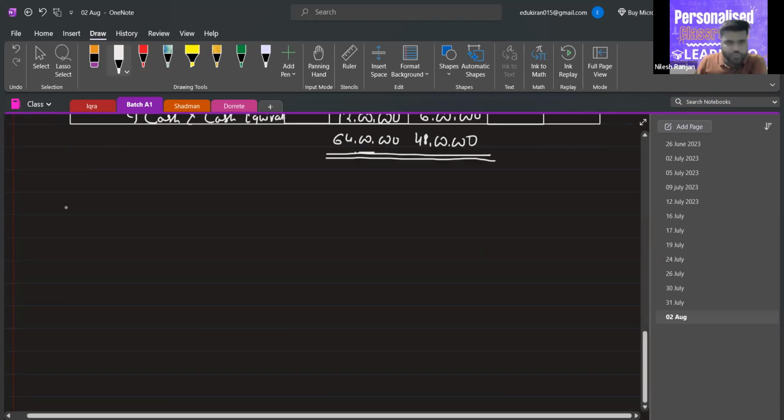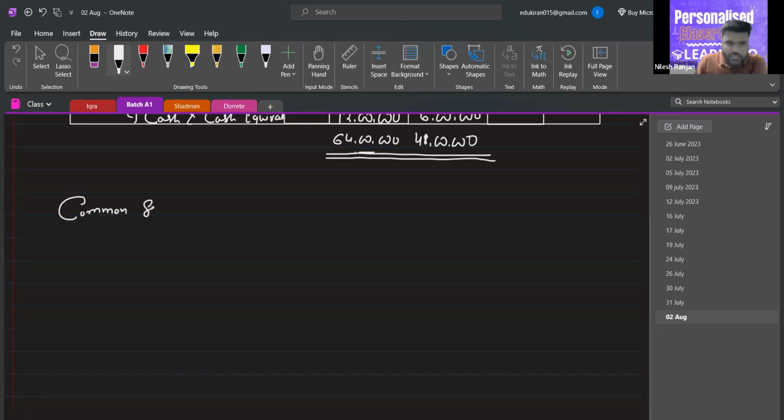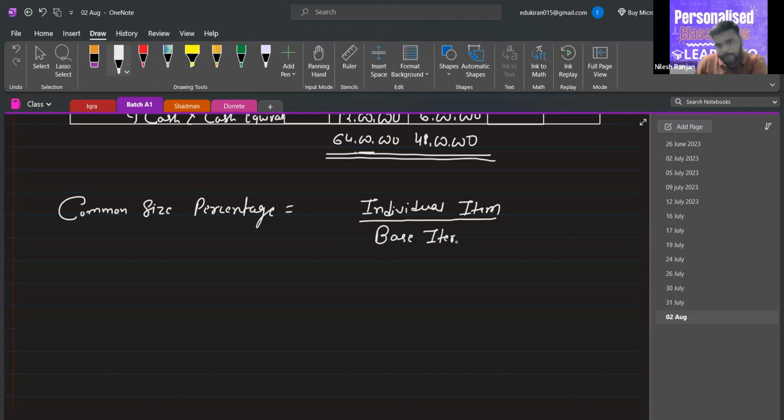So you have to use this formula. Common size percentage equals individual amount divided by base item into 100.